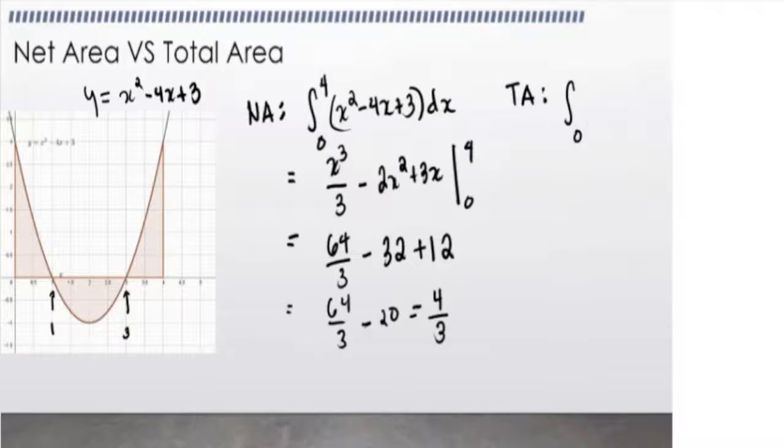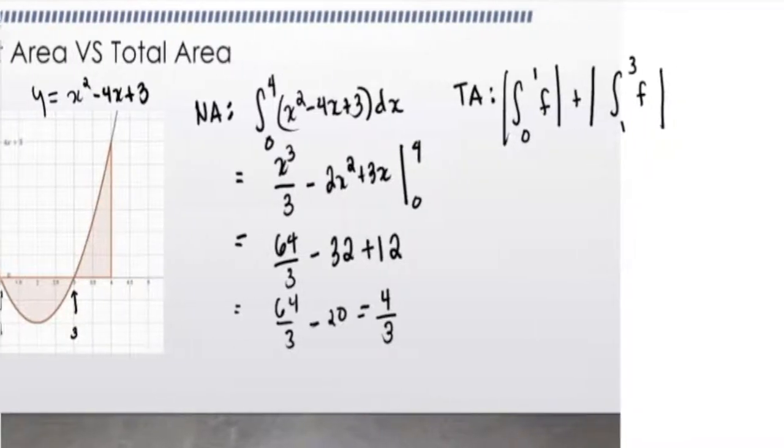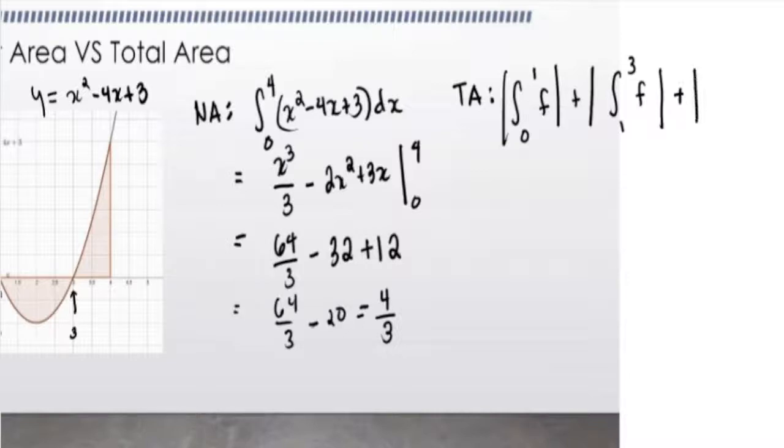Okay, for the total area, we technically have to consider 3 parts. The integral from 0 to 1 ni f, plus the integral from 1 to 3 ni f, plus the integral from 3 to 4 ni f.